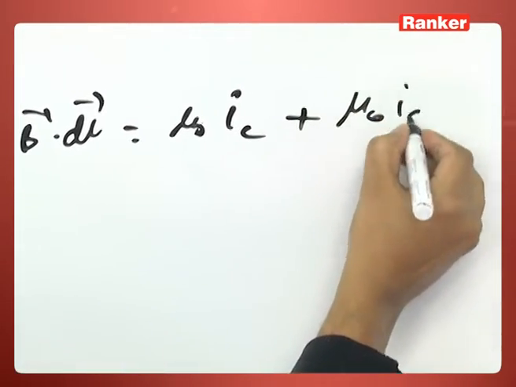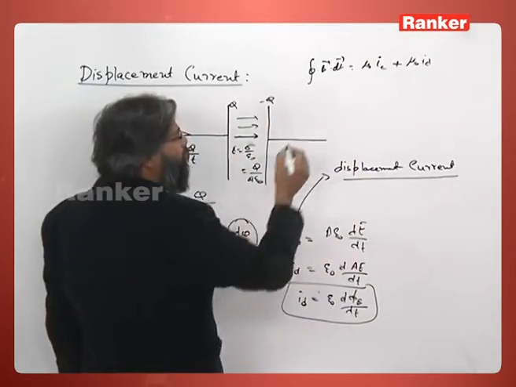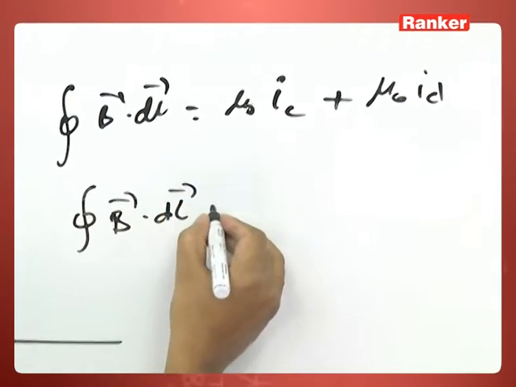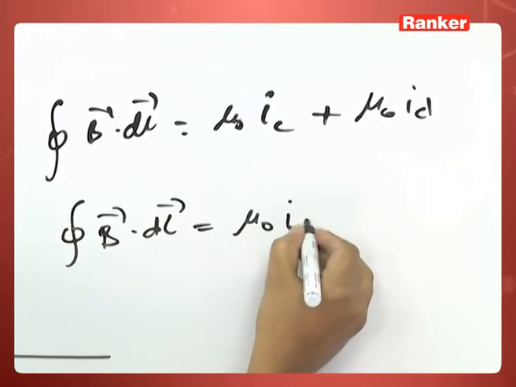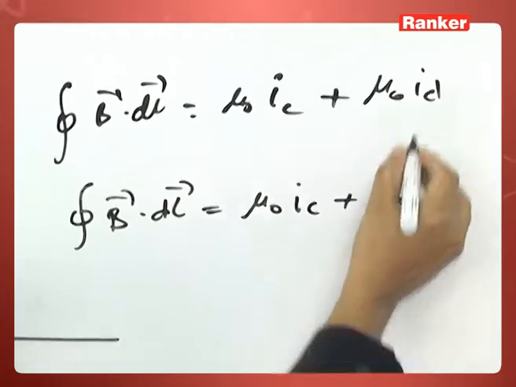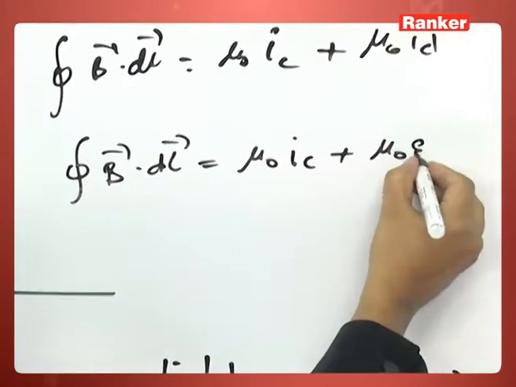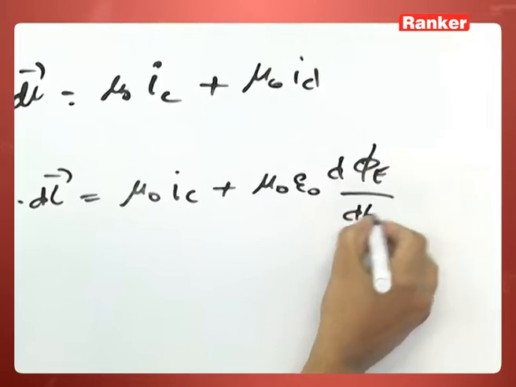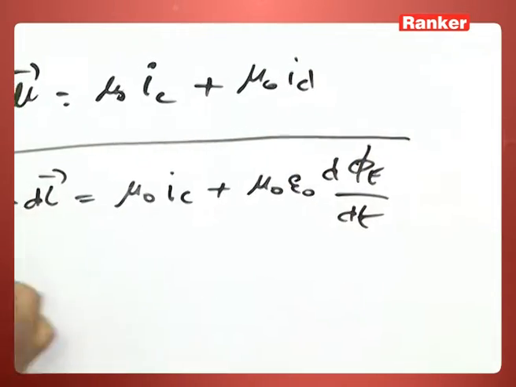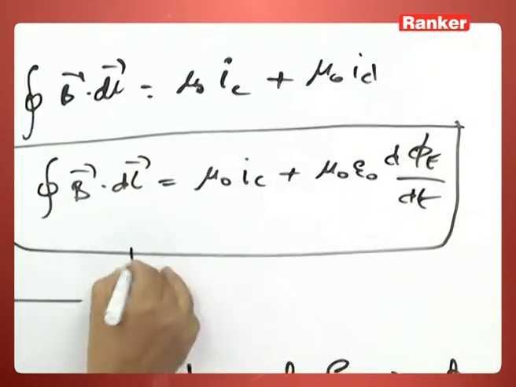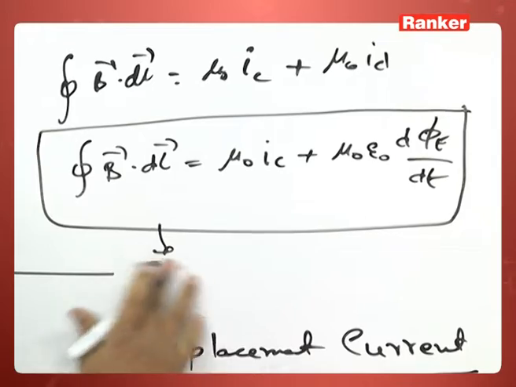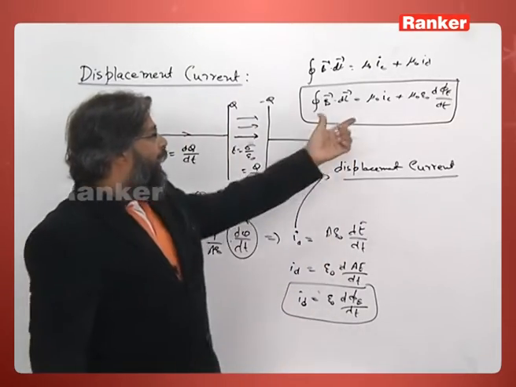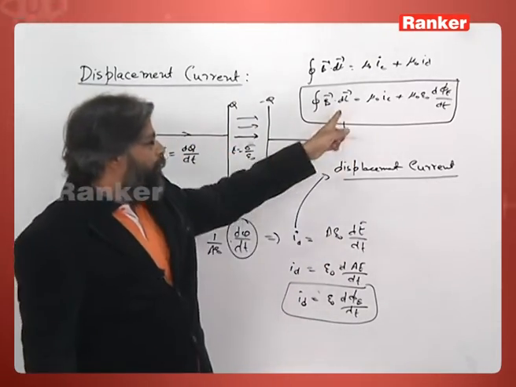So we will have B dot dl is equal to mu naught I c plus mu naught I d, that is mu naught I c plus mu naught epsilon naught d phi E by dt. This is Maxwell's modification of Ampere's circuital law.